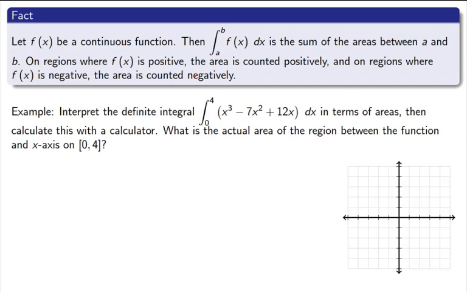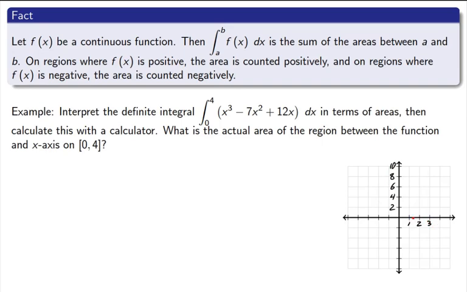We've got this function x cubed minus 7x squared plus 12x. And we want to figure out the area under the curve based on this integration. So first, let's just draw the graph of this. You can use your graphing calculator for it, but I'll just show you what the graph looks like. Let me go by a scale of 2 on my y-axis because this graph goes kind of high, but I'll still go by a scale of 1 on my x-axis.